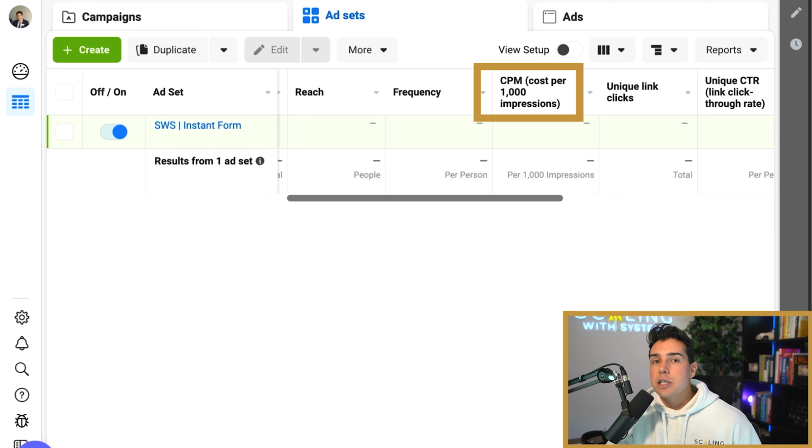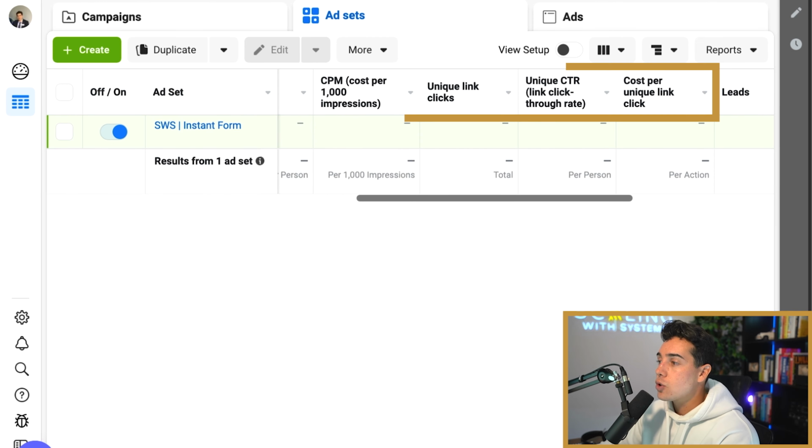So I shouldn't be expecting $6 leads if my cost per 1,000 impressions is $70, because it costs $7 just to get someone to click on the page to then become a lead. So hopefully that's making sense, but it's just so you can get an understanding of how expensive it is to run ads to this specific audience.